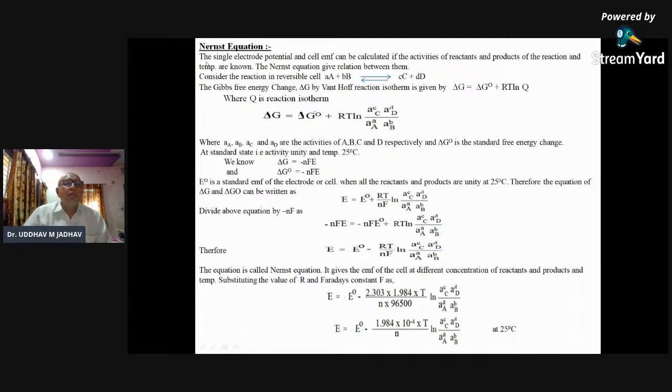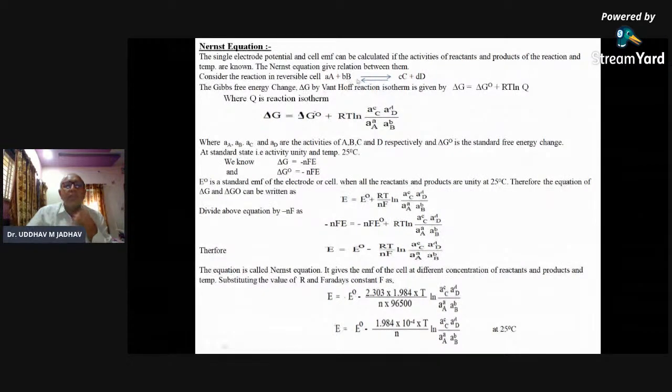The single electrode potential or cell EMF can be calculated. Whenever we write the EMF of a cell on paper, in the bracket we always write the concentration or activity of the electrolyte solution.